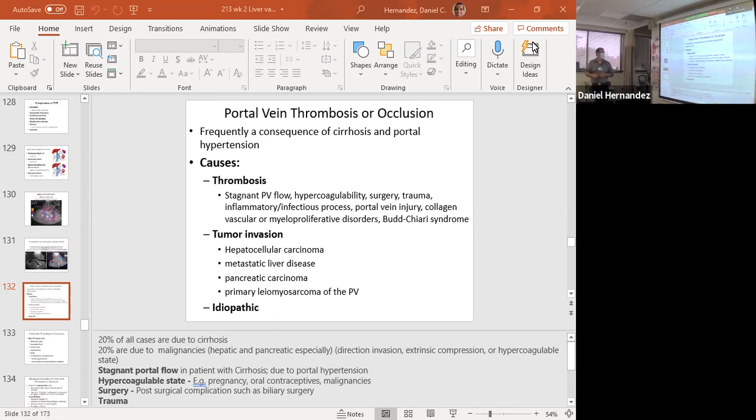Other conditions that can lead to portal vein thrombosis are things that put you in a hypercoagulable state, like pregnancy, oral contraceptives, and different malignancies. Surgery, such as post-surgical complications from biliary surgery, could potentially lead to portal vein thrombosis, as well as trauma. And there are some idiopathic conditions as well, potentially from unknown causes.